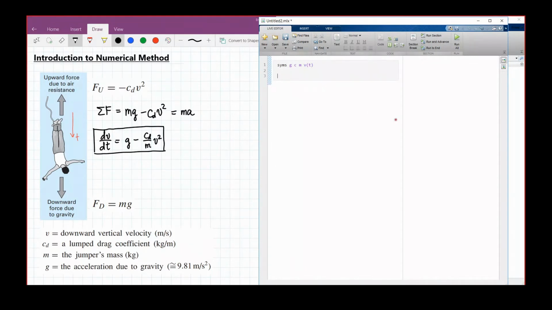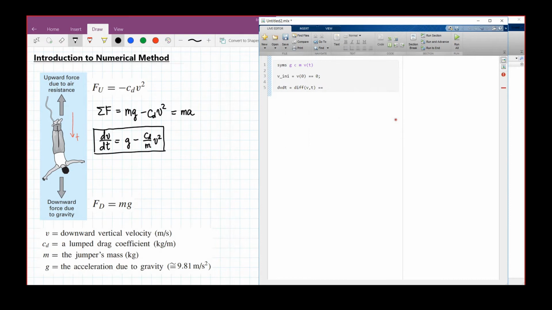And then let's say when you bungee jump, your initial velocity v at time equal to 0 is equal to 0. And then we define our differential equation dv/dt as the derivative of velocity with respect to time.